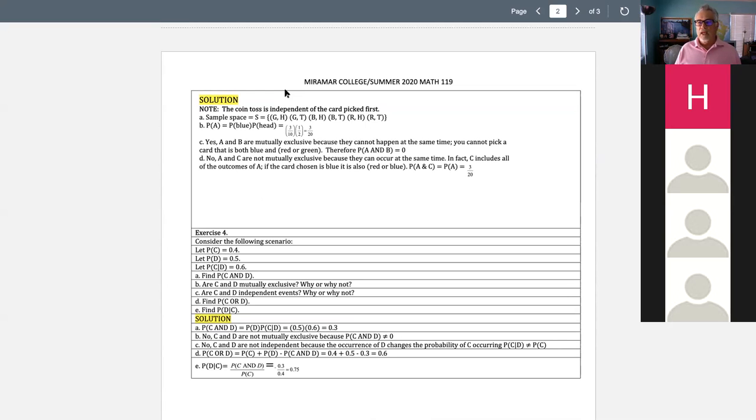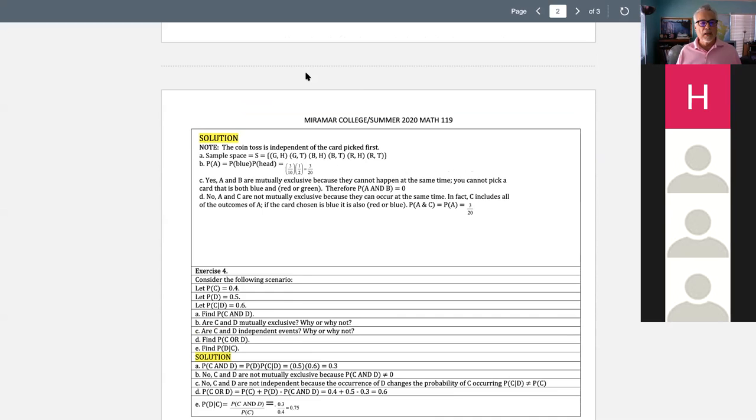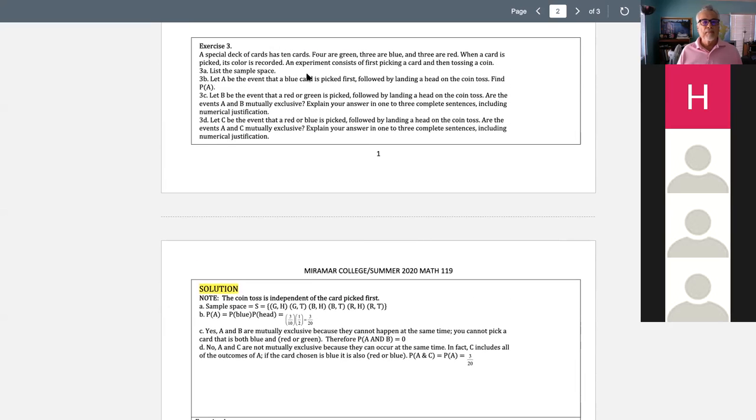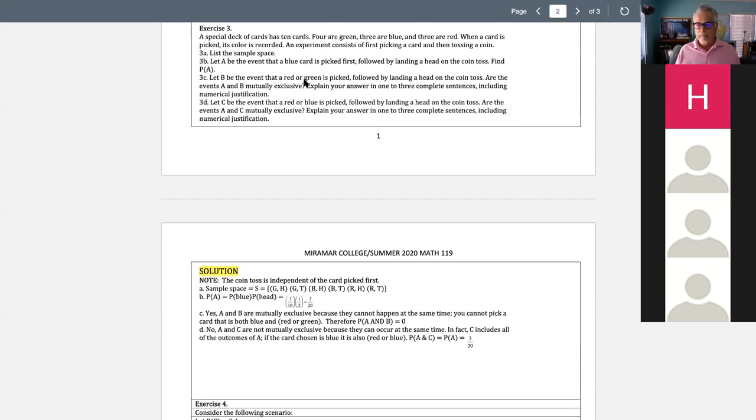Okay? And then if we define the experiment in this way, we can count up the number of elements in the event and take the ratio or the relative frequency to get our probability.